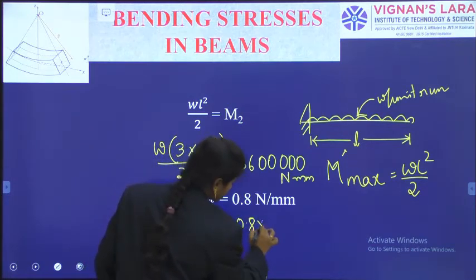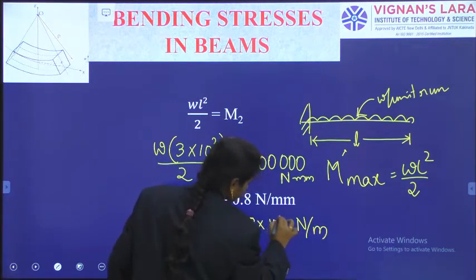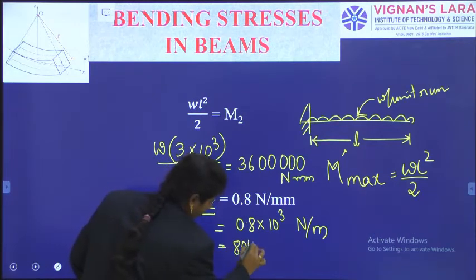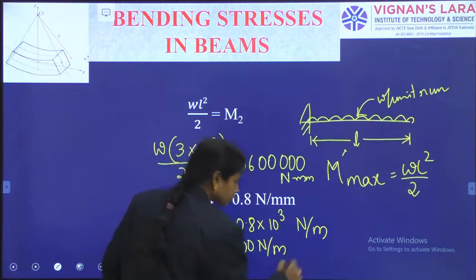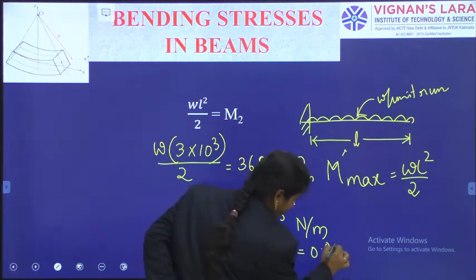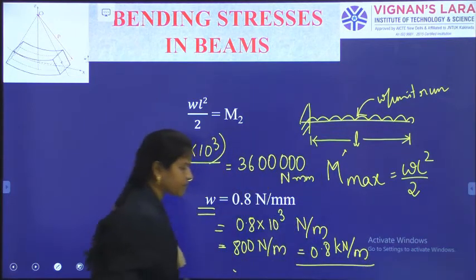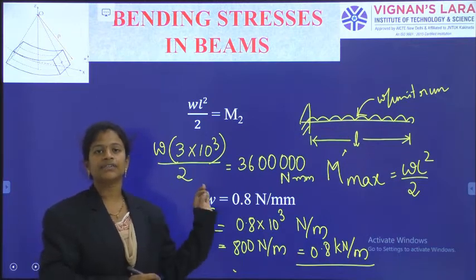So 0.8 into 10 power 3 Newton per meter, that is 800 Newtons per meter, or you can write 0.8 kilonewton per meter. So this is the UDL which will cause the cantilever to break.